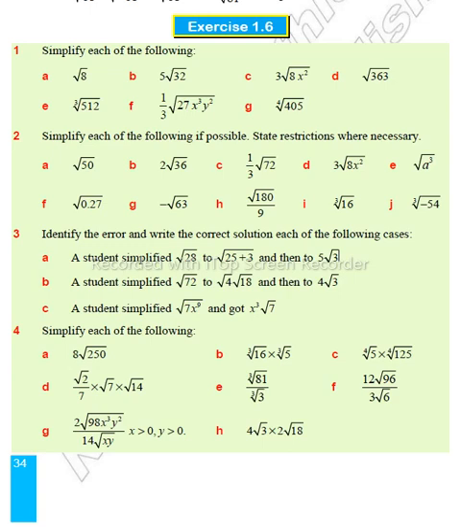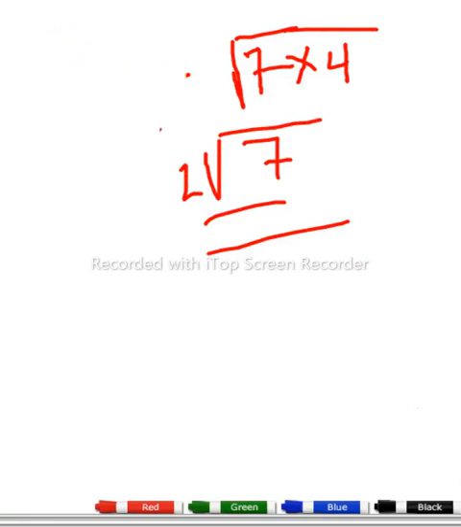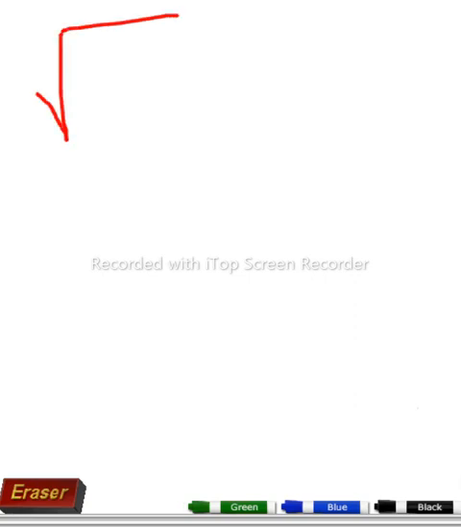And B says that the student simplified 72 like this. It is not correct. Also, we can simplify this square root of 72. We can rewrite this equation again. We can do 72 in two ways. The first way, here we have the square root of 72.